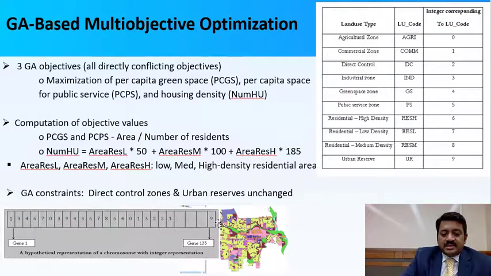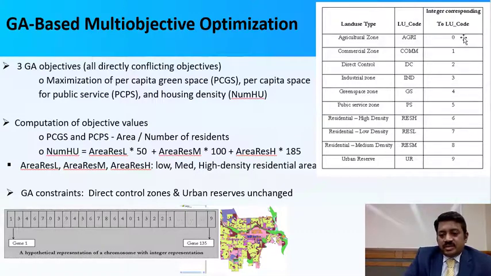So in this case, as you can see, the image of the genotype on the bottom left shows the representation of the land use or the phenotype shown immediately to the right of it. So the land use type, as you can see from the table, is divided into different components and different elements which are allocated different land use codes.